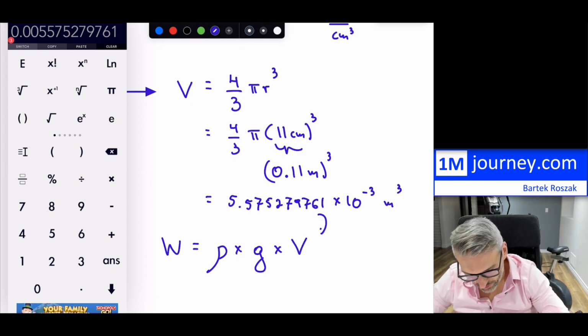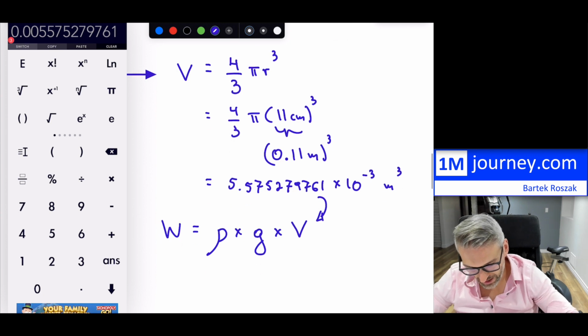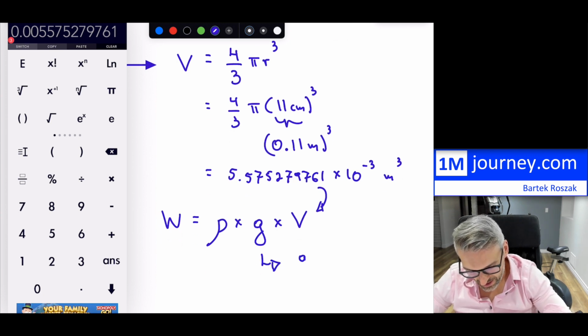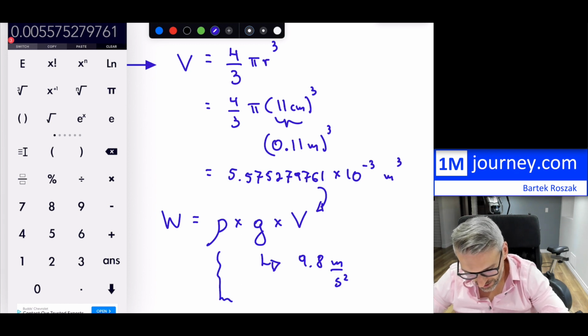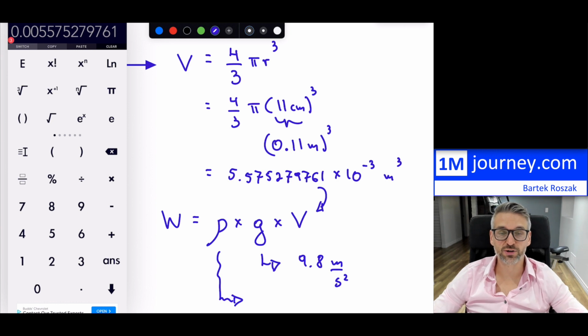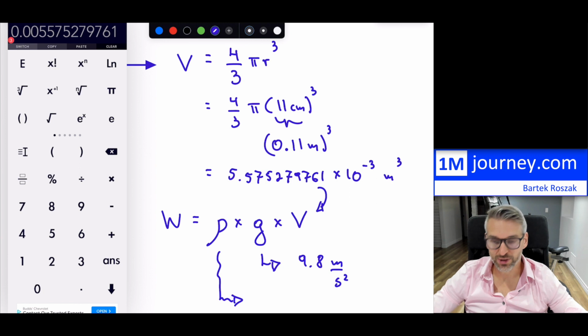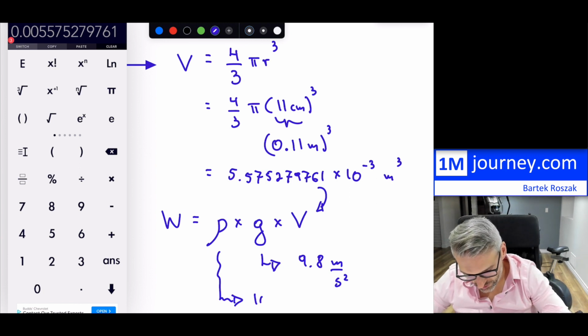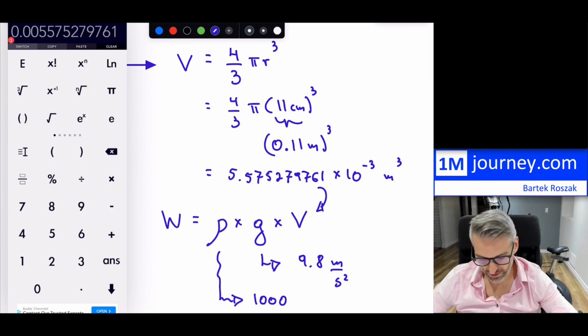Now we have the volume right here. We know what gravity is: 9.8 meters per second squared. If you keep it all with respect to kilograms and meters, then you're going to get the force in newtons. The density is just 1,000 kilograms per meter cubed.